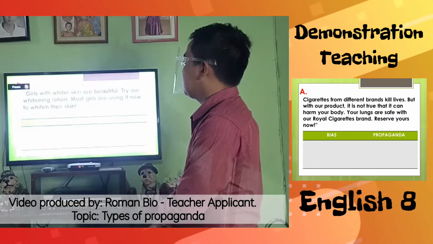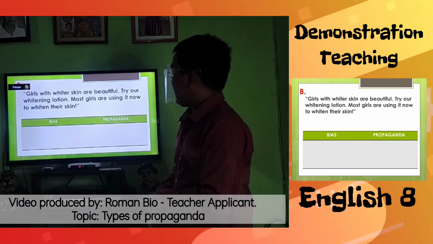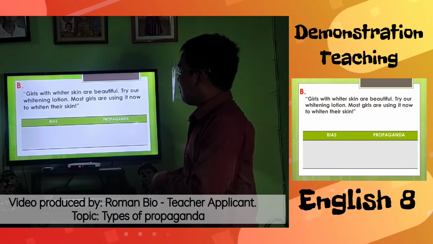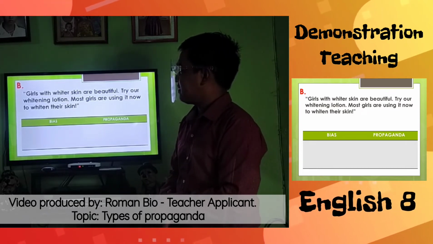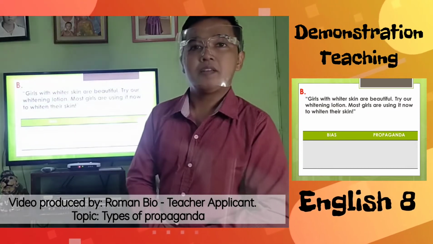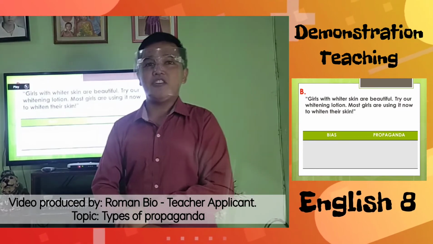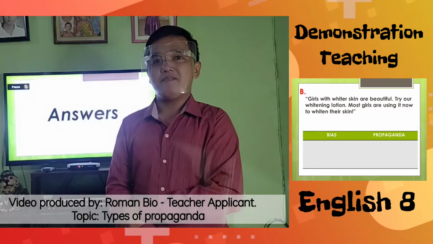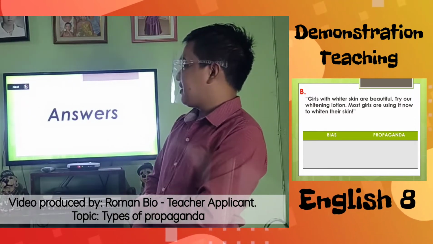Next. Girls with whiter skin are beautiful. Try our whitening lotion. Most girls are using it now to whiten their skin. Now class, who can answer the first one? Okay, Bella. Very good.